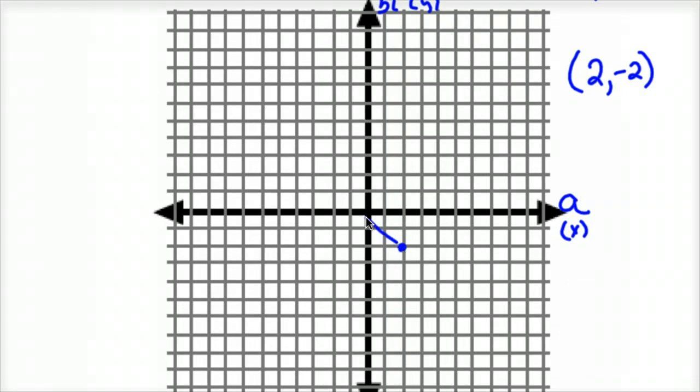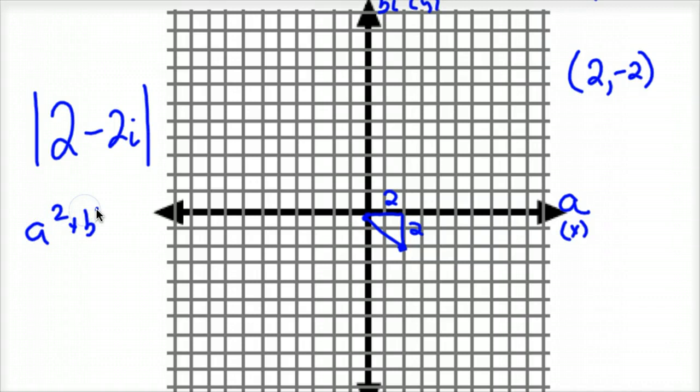And so if we want to know the absolute value of 2 minus 2i, now we just need to do the distance formula or Pythagorean theorem to this right triangle here. So this is 2 and this is 2. So a squared plus b squared equals c squared. And so 2 squared plus 2 squared equals c squared.